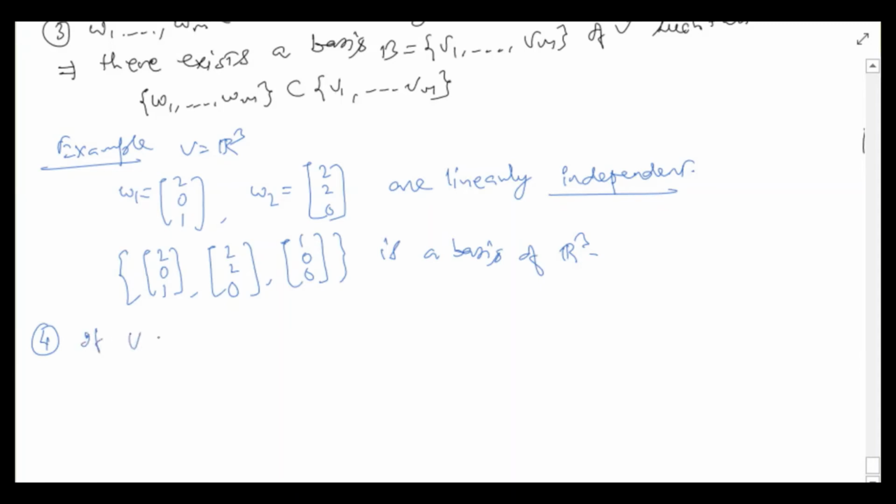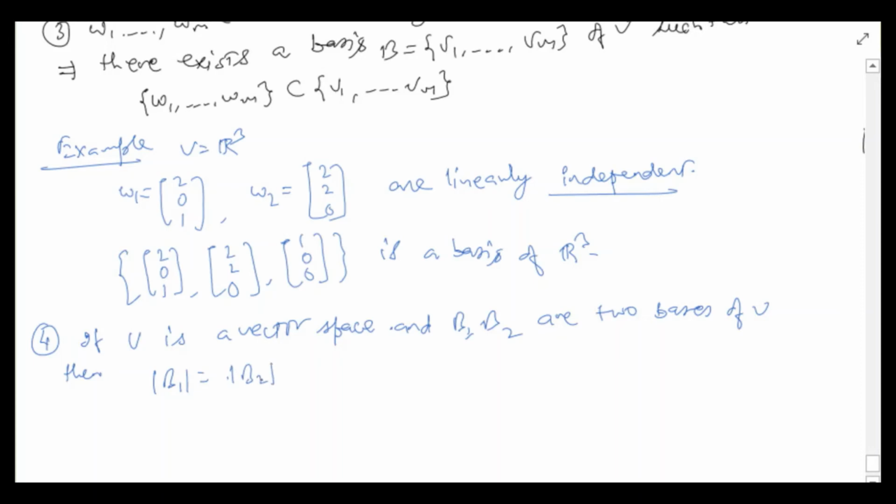The number of vectors in B1, often called the cardinality of B1, is the same as the cardinality of B2, that is the number of vectors in B2.